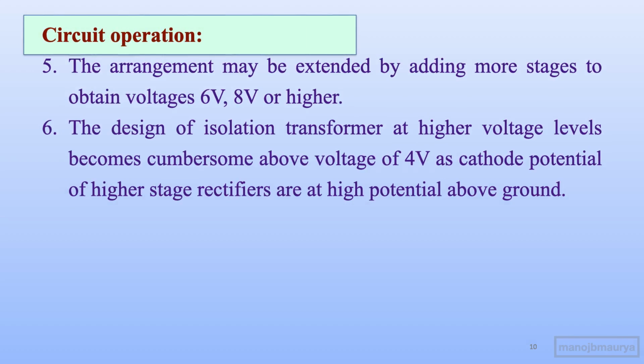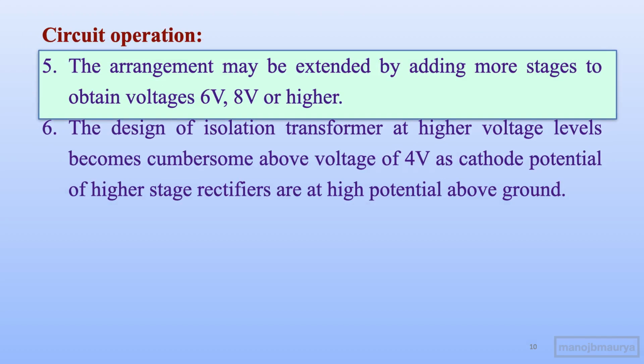Let us move ahead further and understand that the arrangement as explained in the cascading circuit above may be extended by adding more stages to obtain voltages of 6V, 8V or higher multiples.